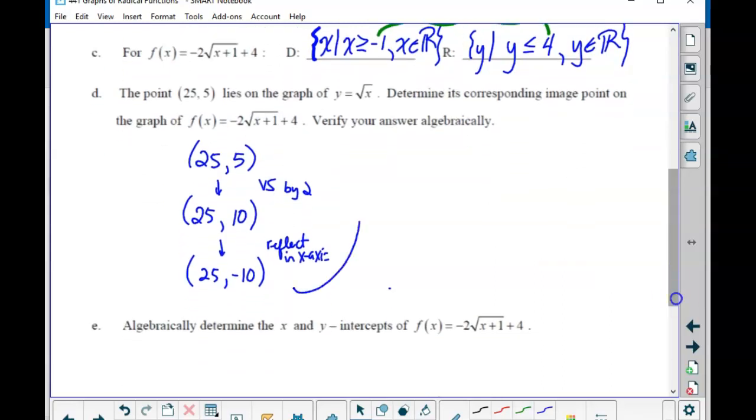Okay. Then translate 1 unit left would mean subtract 1 from 25. So translate 1 left. And then from here up 4, so 24, -6.